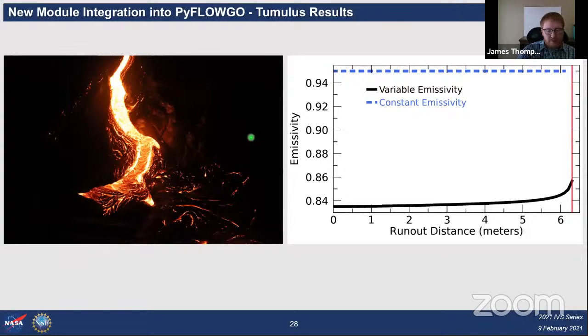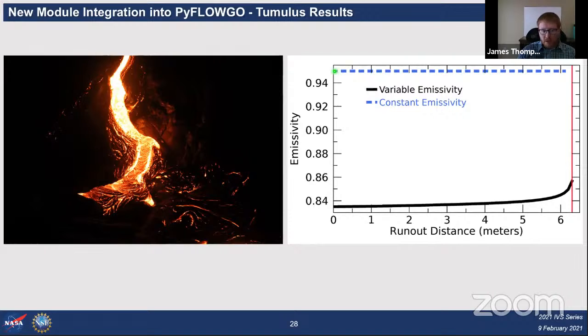And so I first of all wanted to validate the model that I made to input into PyFLOWGO, and to do this, I used the same data set of the tumulus lava flow. I compared results of varying emissivity with the surface temperature of the flow with the results from the original model using a constant emissivity.